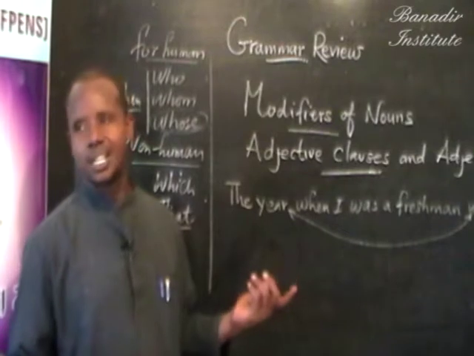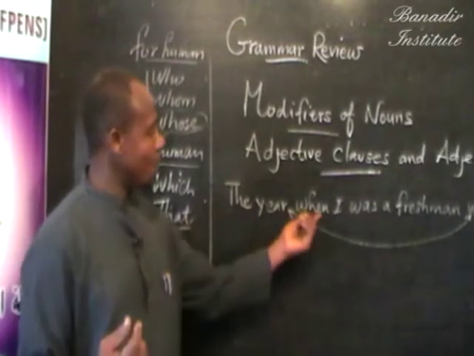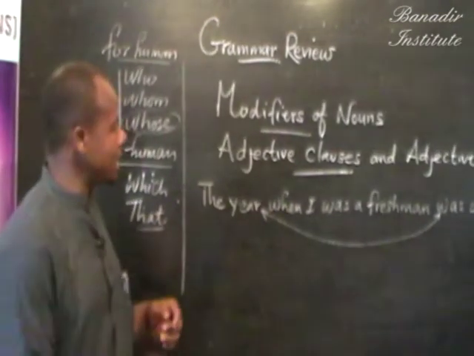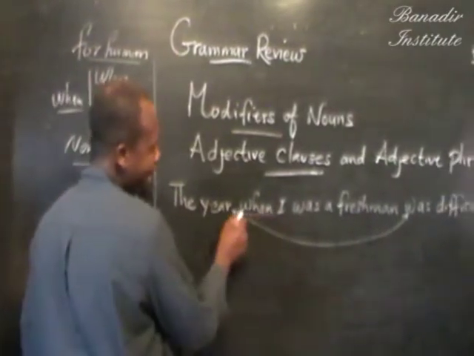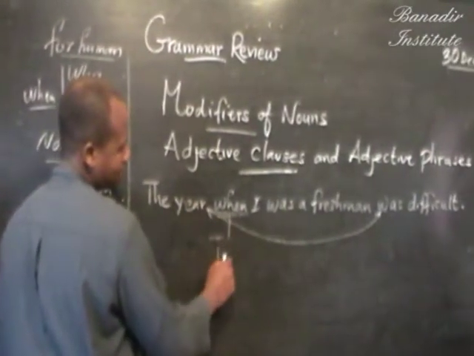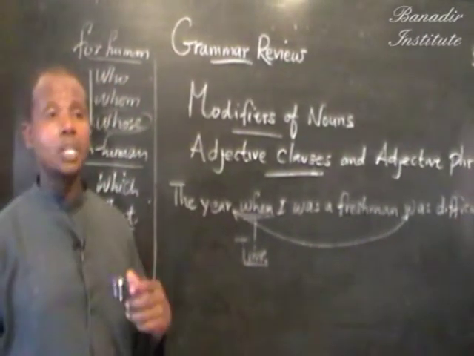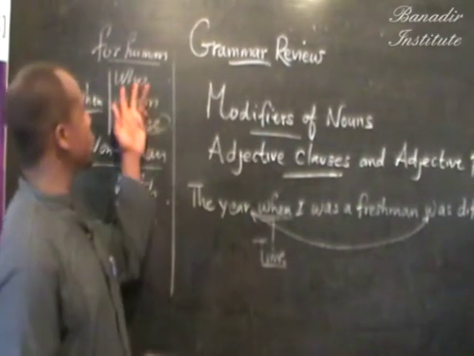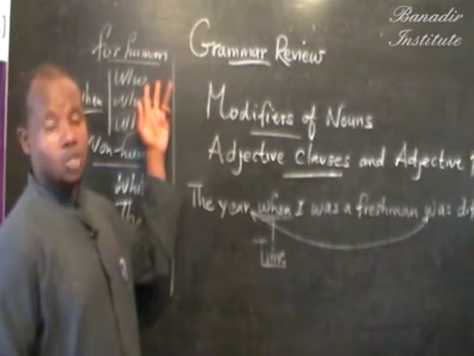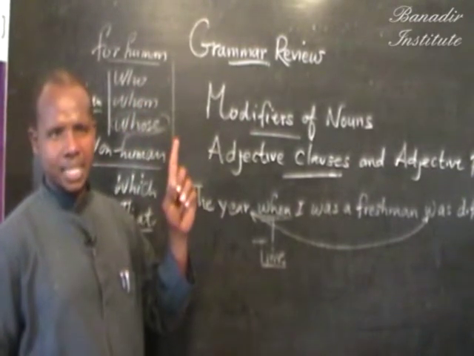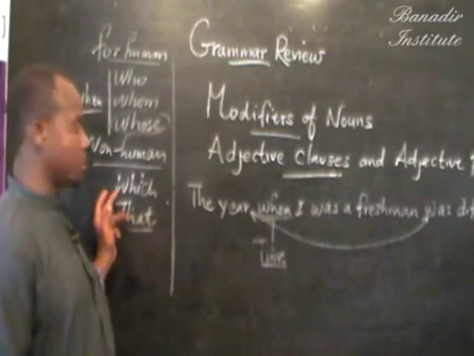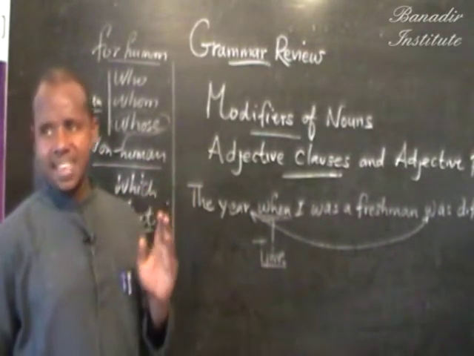Which year? When I was a freshman. So here, when I use when, I'm talking about time. When I used who, whom and whose, I was talking about a person. Alright? When I used which and that, I was talking about a thing.